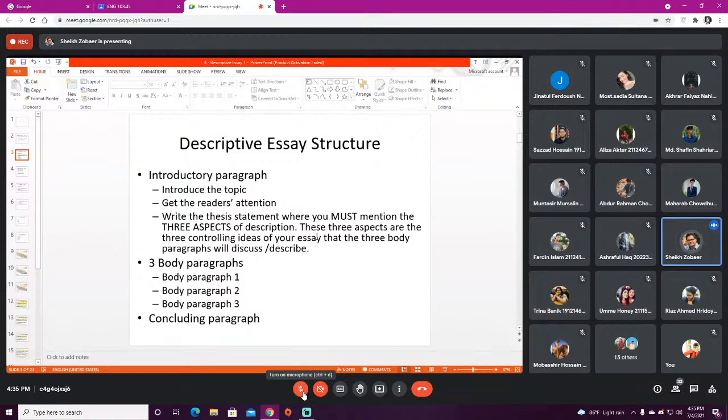So each of those aspects should be described in the three body paragraphs. If you're describing an object, maybe your cell phone or laptop, or a place, maybe your neighborhood, or Cox's Bazar, a tourist spot, whatever the place is, or whatever the object is, pick and choose the three most interesting and important aspects of that object or place, and then mention them in the thesis statement, and describe them in the three body paragraphs. All right, this is as simple as it gets.